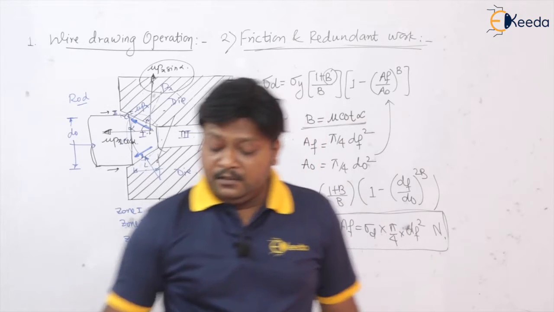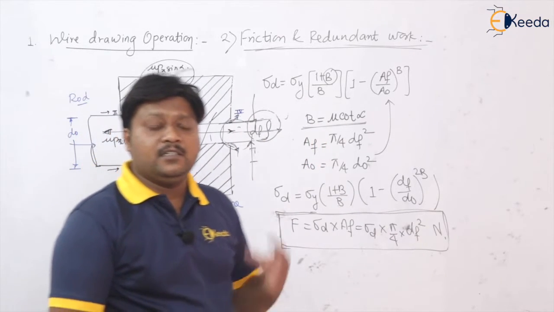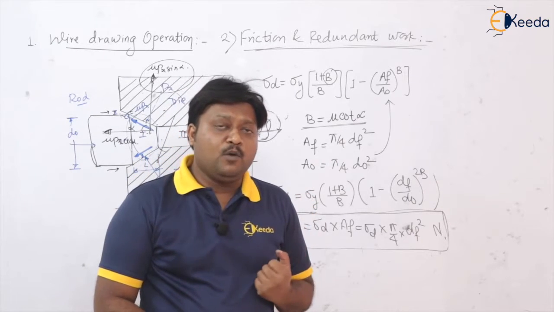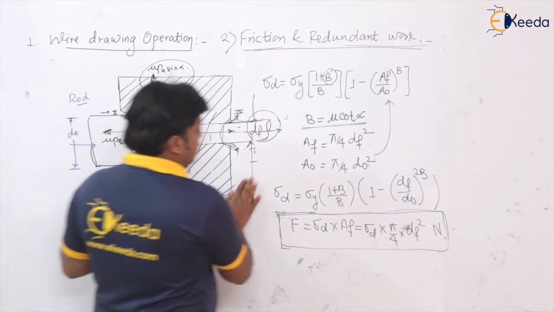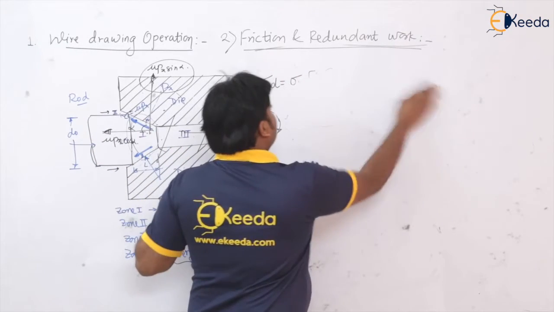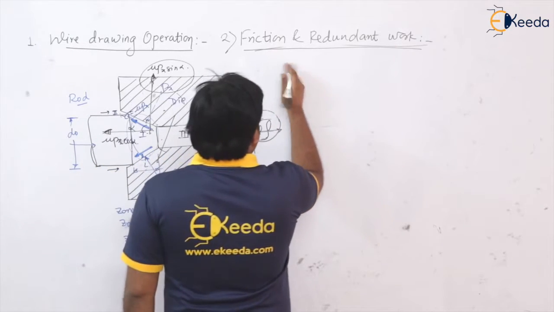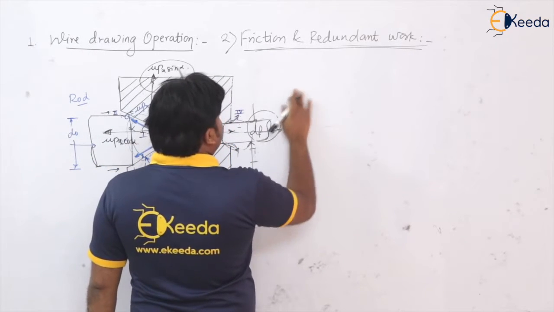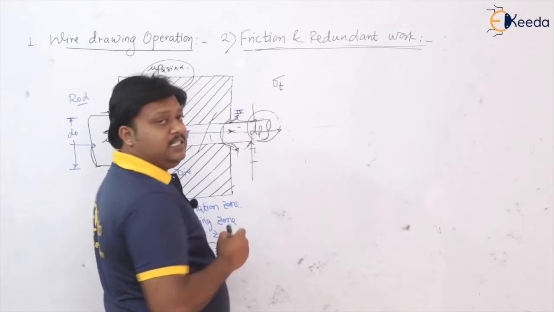Now again, we can have this total drawing stress in this wire drawing operation, when the friction is considerably large. Okay, so in that case we get this sigma T, that is total drawing stress. Sigma d is a drawing stress.